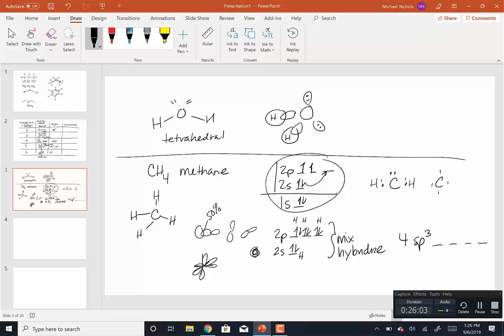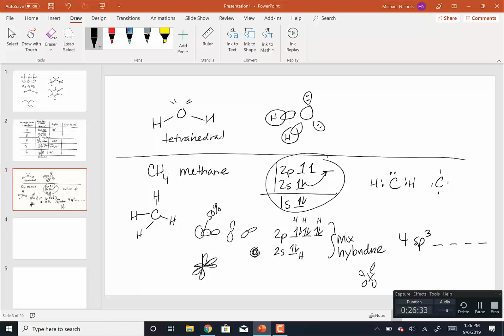What do they look like? Well, they look like what would happen if you took 4 orbitals, 4 balloons, and made a geometry out of it. So they would look tetrahedral. So sp3 hybridization means you have an atom, 1, 2, 3, 4.